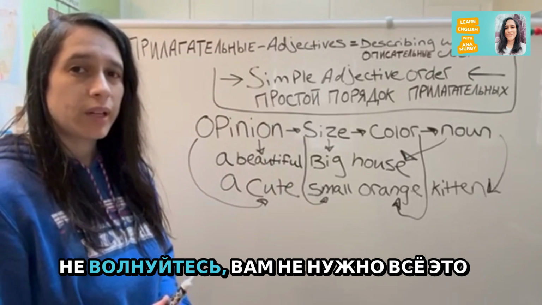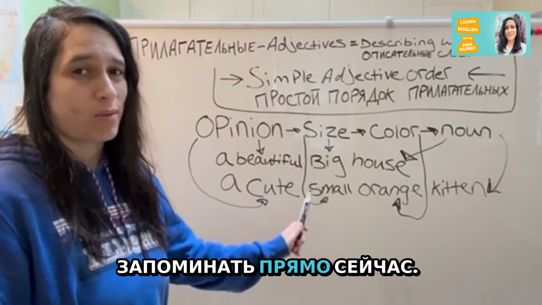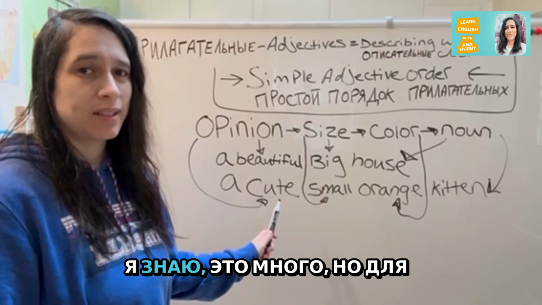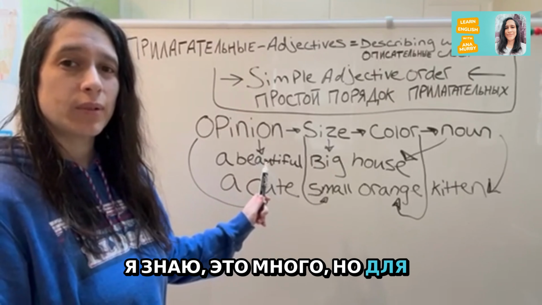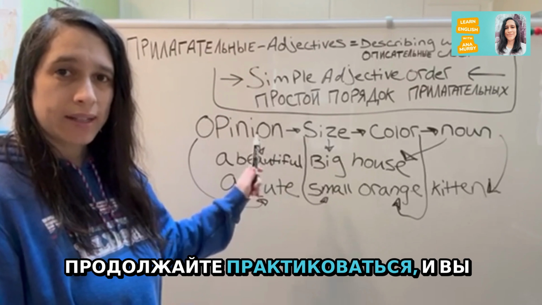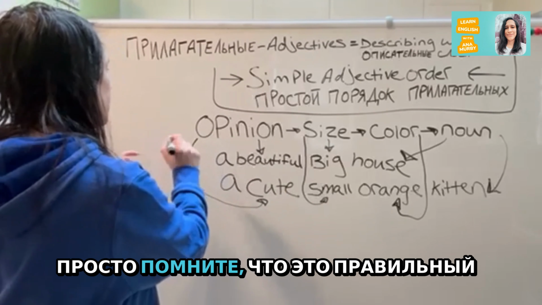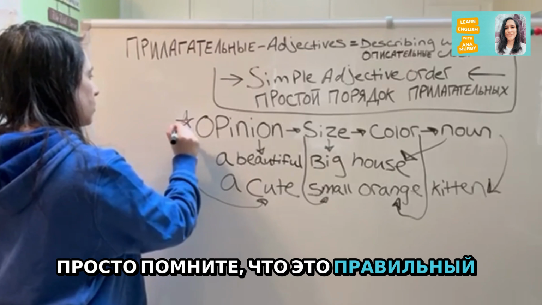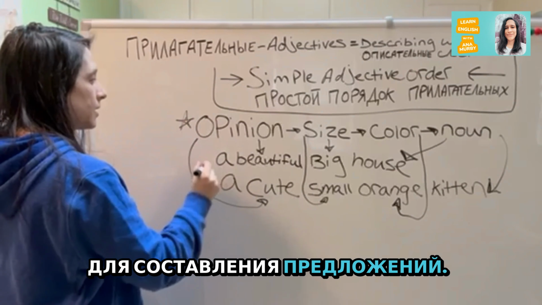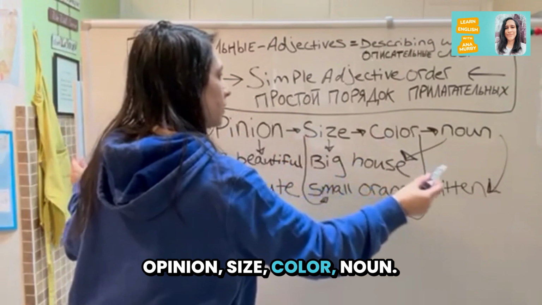And do not worry, you don't have to memorize all this now. I know it's a lot, but this is good enough for beginners. So just keep practicing and you will understand this more. Just remember, this is the correct order for making sentences. Opinion, size, color, noun.